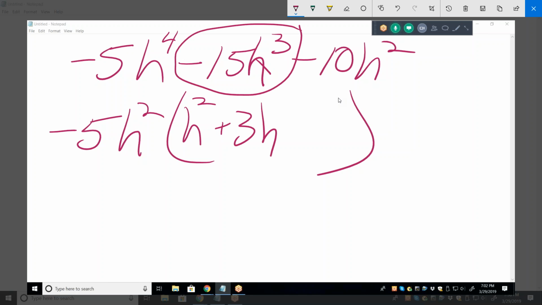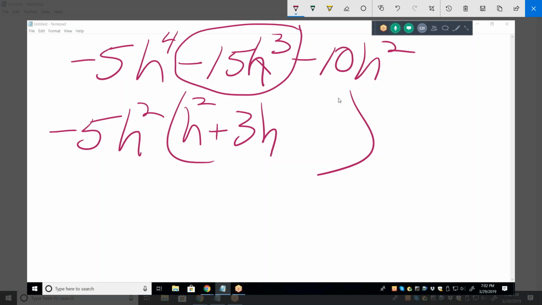Sorry, I made a mistake mentally thinking about it. But it's a good point: check as you go, not after you're done. Because if you make a mistake on that sign, let's say you put a minus sign there, and you wait until you finish the problem, you're going to have no idea where you made your mistake. That's the advantage of check as you go.